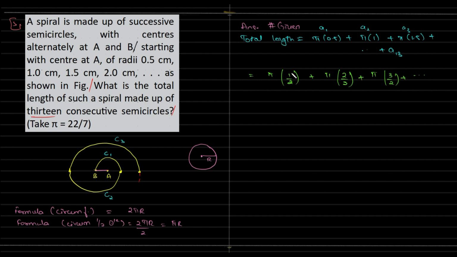Can you see the pattern? The first term is made up of 1 by 2. The second term is made up of 2 by 2. The third term is made up of 3 by 2. The fourth term will be 4 by 2. And so we have the last term, pi into 13 by 2.